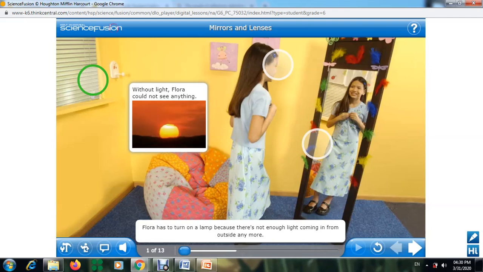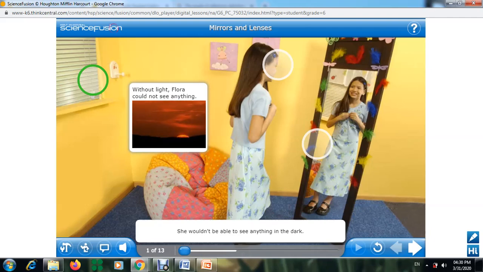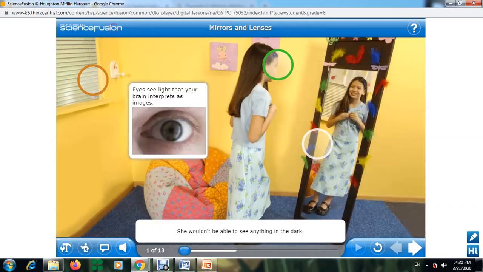Flora has to turn on a lamp because there's not enough light coming in from outside anymore. The light allows Flora to see herself in the mirror. She wouldn't be able to see anything in the dark. Your eyes catch the light that reflects from the mirror. They send messages to your brain, which interprets what you see. Does Flora like what she sees in the mirror? Is she ready to go to the dance? I hope so. The dance starts in 15 minutes.